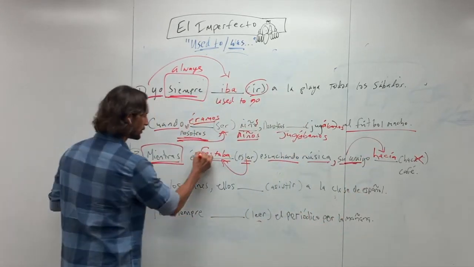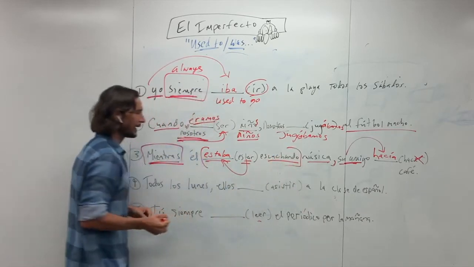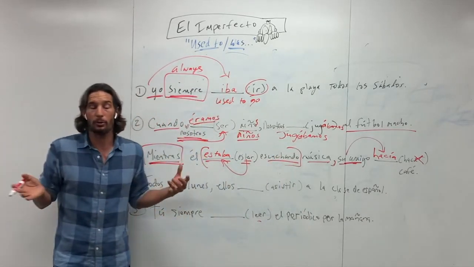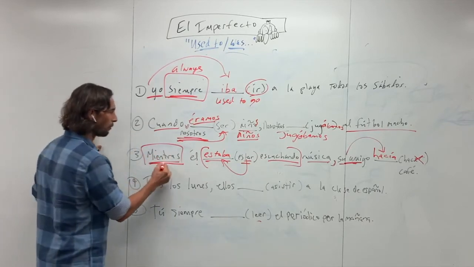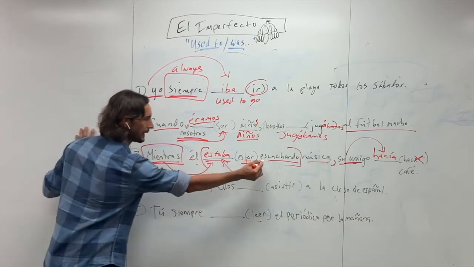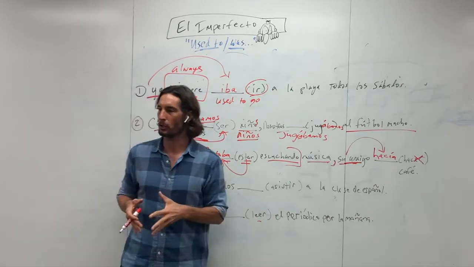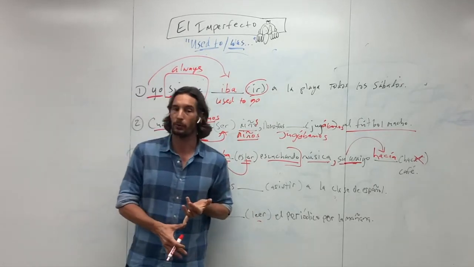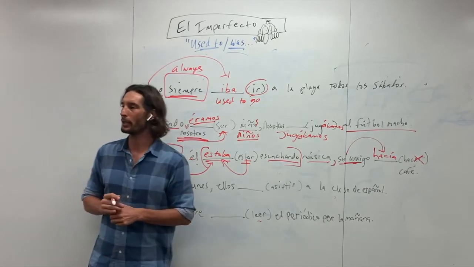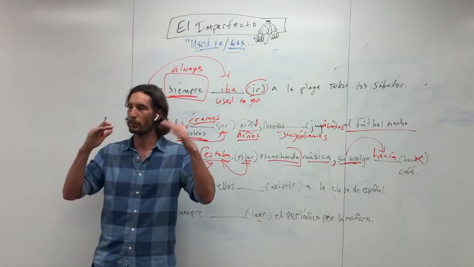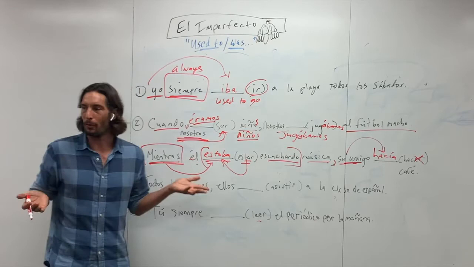And again, just to remind you all, estaba escuchando is a use of the past progressive. So you have while he was listening, so you have a number of things going on. We're using the imperfect, of course. We're talking about something simultaneously going on in the past, which is imperfect with imperfect, because they're not interrupting one another.